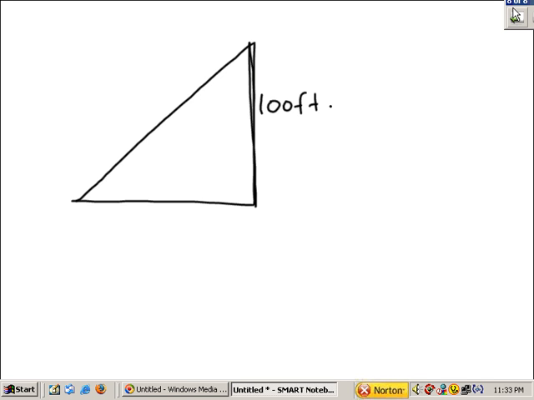All right. Suppose, so here's the building. Here's the building. And the building, you know, is 100 feet. And you take a ladder that's 120 feet.